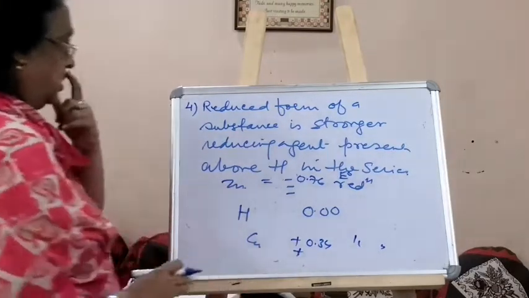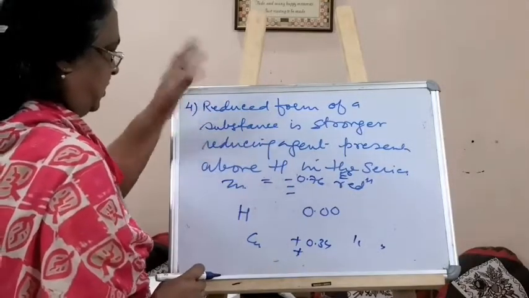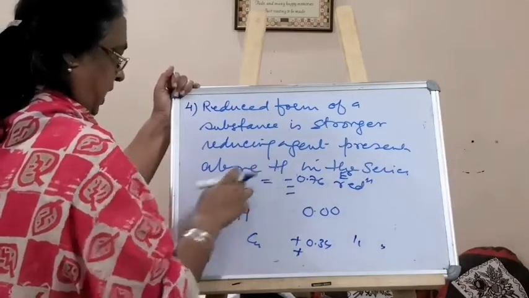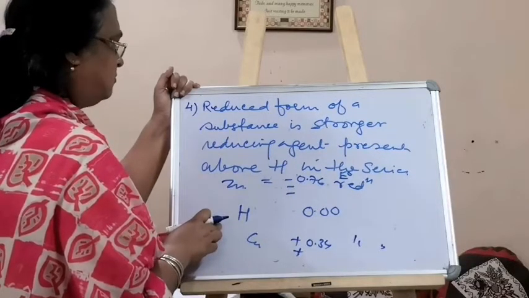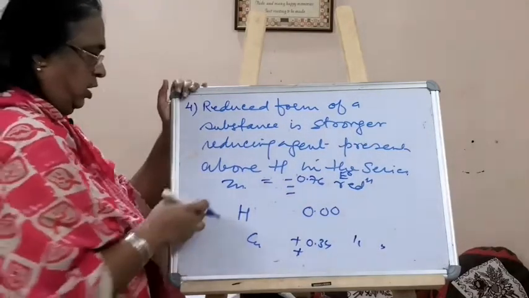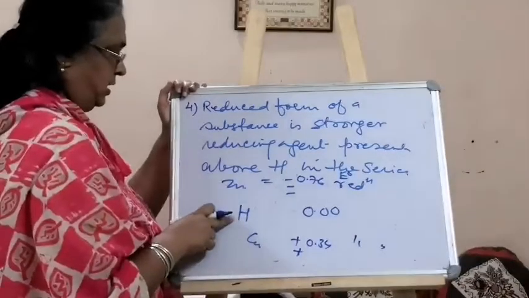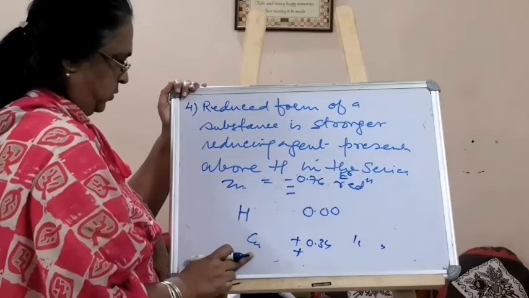So the metals, or the electrode systems, which are above hydrogen in the electrochemical series will be a stronger reducing agent than hydrogen. So zinc is a stronger reducing agent than hydrogen and copper is weaker. Why is copper weaker?